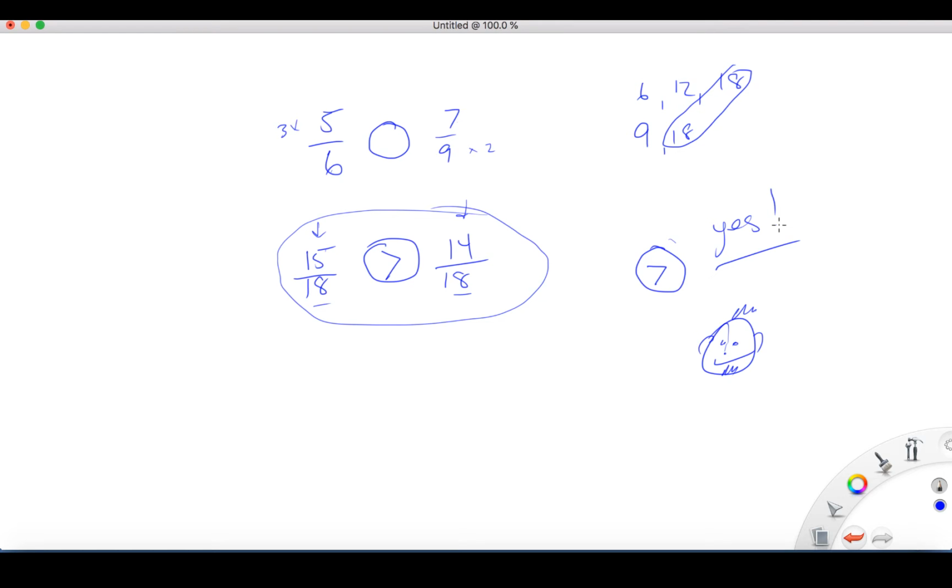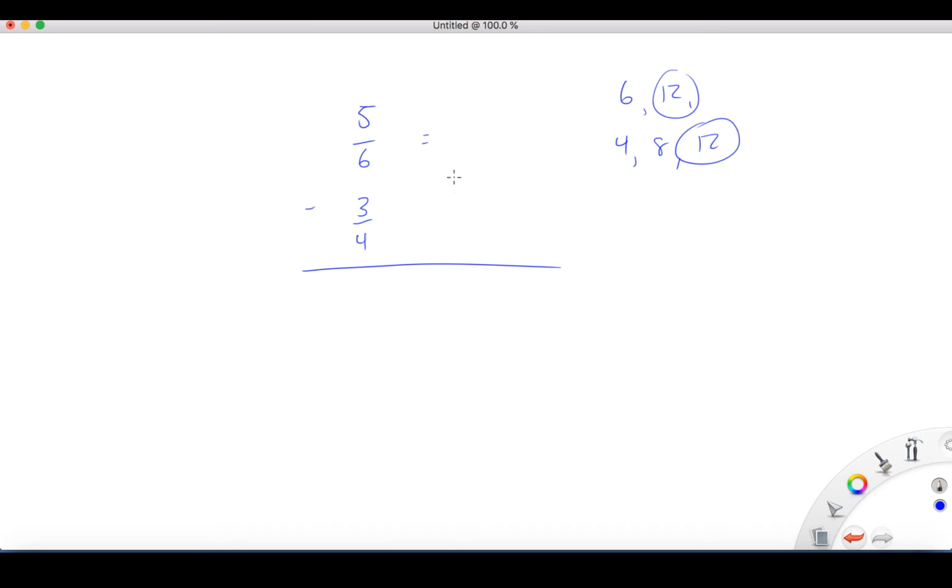Let's look at example 5, rather. It's just a subtraction problem, same principle. We have 5 over 6 minus 3 over 4. We have to find a common denominator. 6, 12. We don't have to go any further than that because I know that 4, 8, then 12.